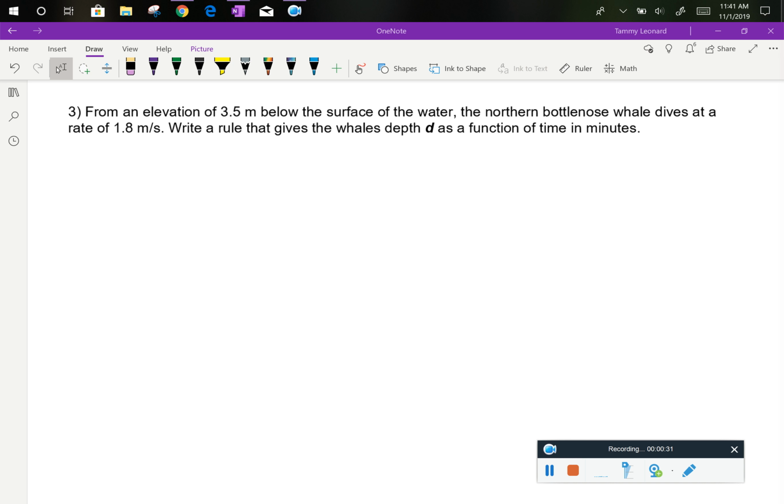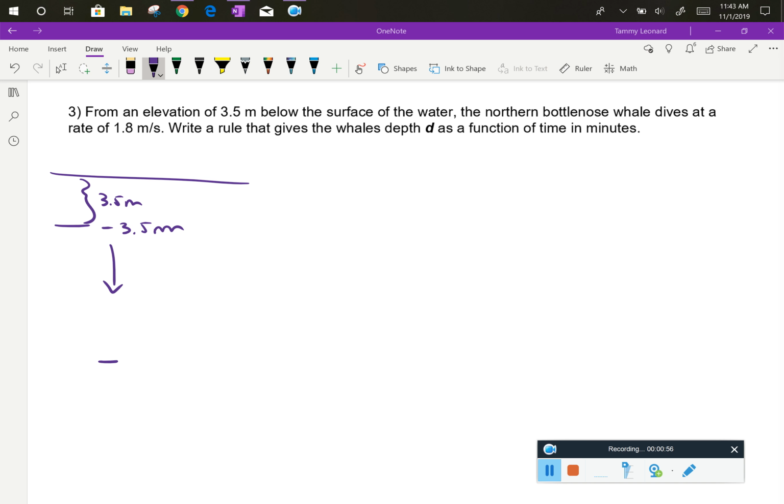So when we talk about an elevation of 3.5 meters below the surface of the water, that means that our depth is actually negative 3.5 meters. And as the whale dives, this elevation is going to continue to be negative. It's going to go down further and further.